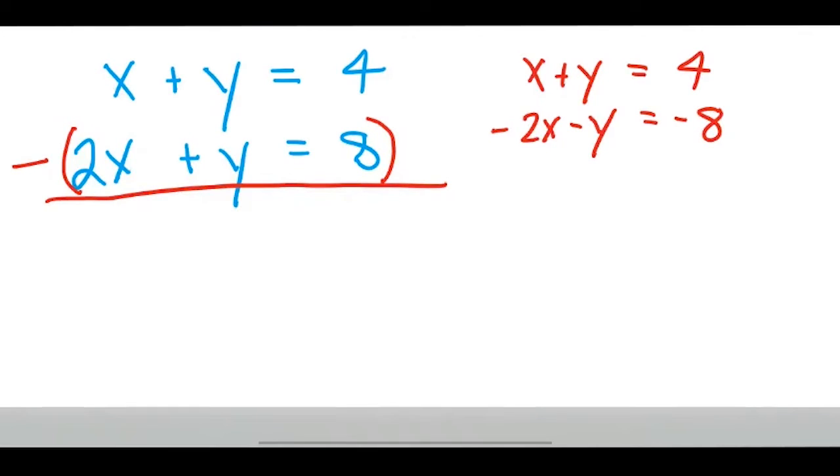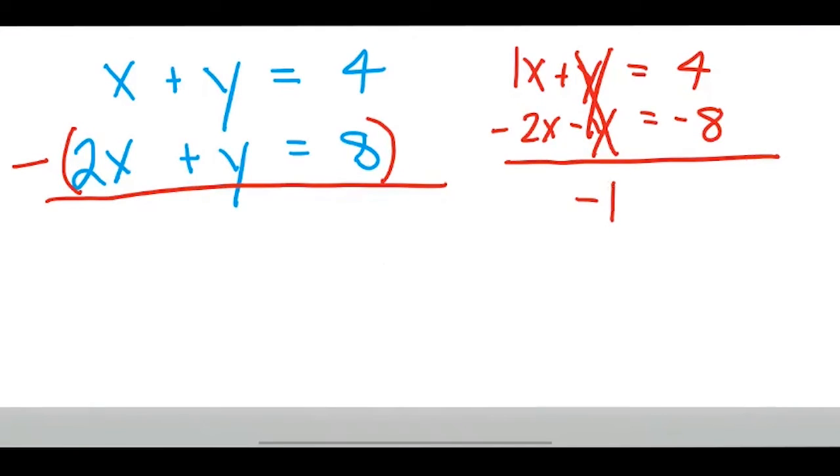Okay? So now you'll see I have a positive y and a negative y right here. And because they're the opposite sign, they're the opposite of each other, they will cancel. Now I have x minus 2x, so treat that as 1x minus 2x.